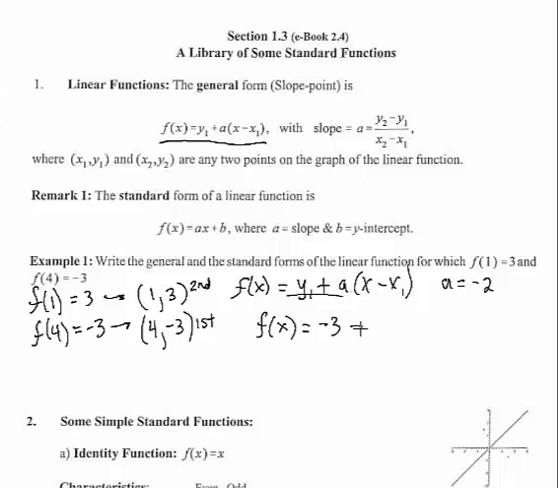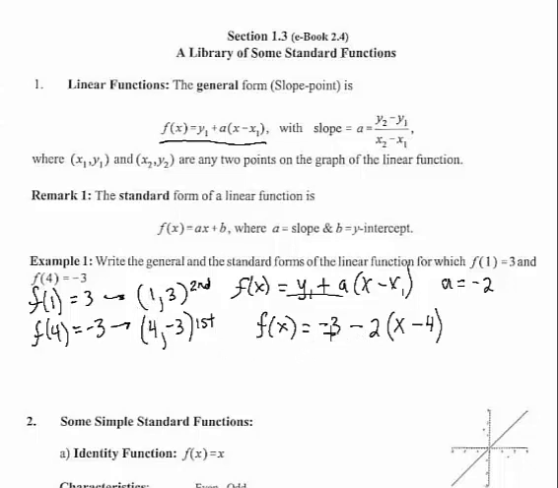It's plus a, and so I have plus a negative 2. I'm just going to write it as minus 2. I keep this x. It's just sort of my input variable. And then I subtract x1, and x1 is 4 since I went with negative 3 for y1. So insert a 4 here. And this is my general form of my linear function that passes through these 2 points.